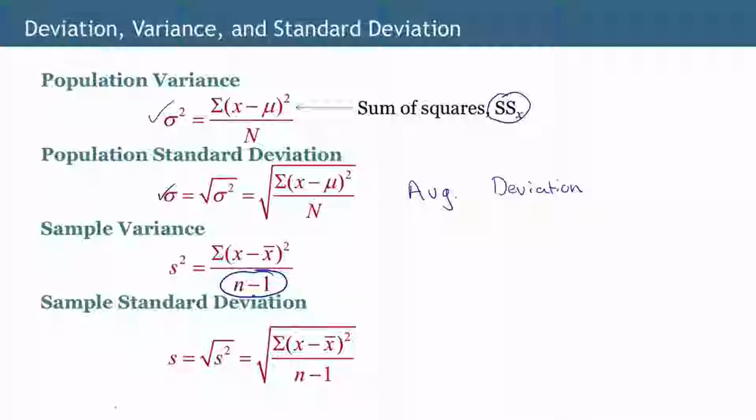But if you want, you can come and talk to me about it, and we can go into that a little further, but just trust me, it works. All right. And now if I take the square root of that, again, because we squared everything, we'll take the square root to undo all those squares. And that gets me back. And again, this would give me essentially an average deviation.